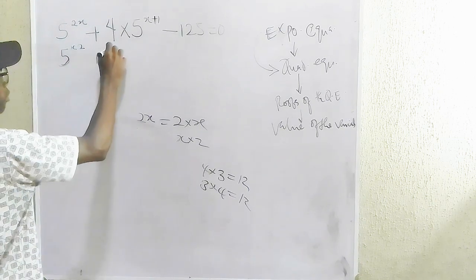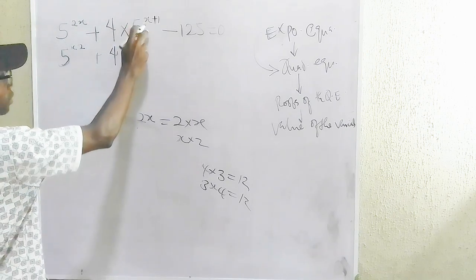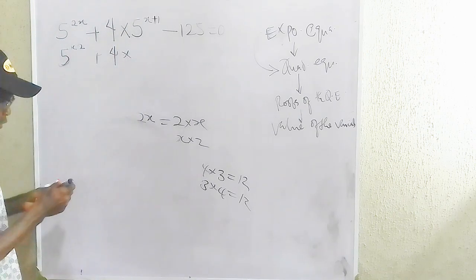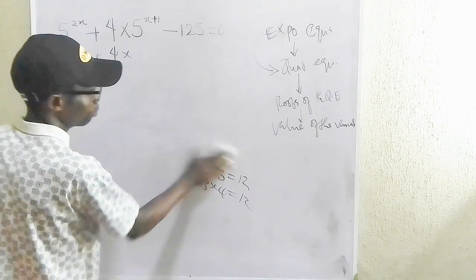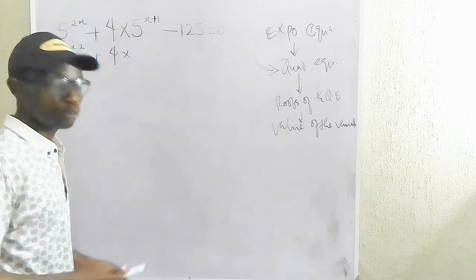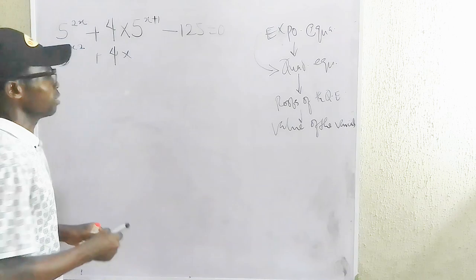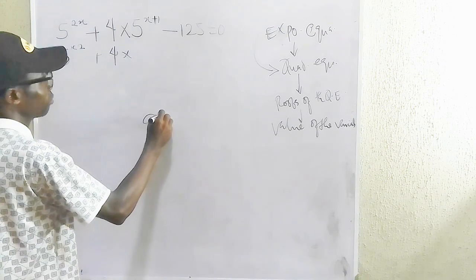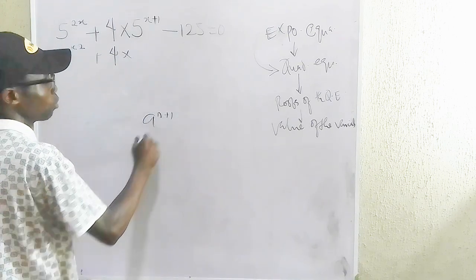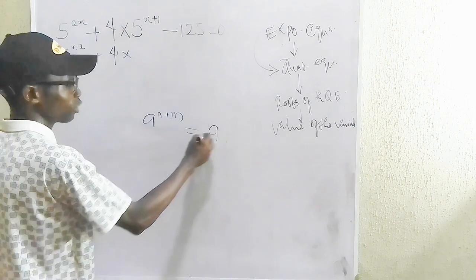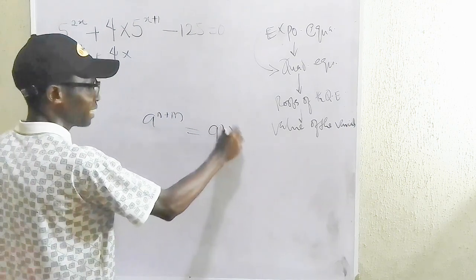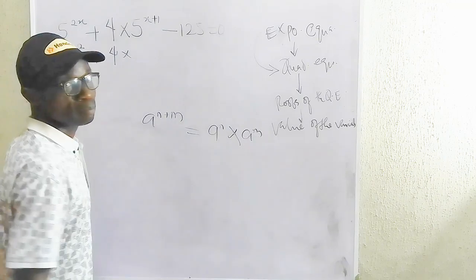Now, repeat everything. 4 times, now here, remember the product rule in indices, where we have a raised to the power of n plus m. It's actually a raised to the power n times a raised to the power m.